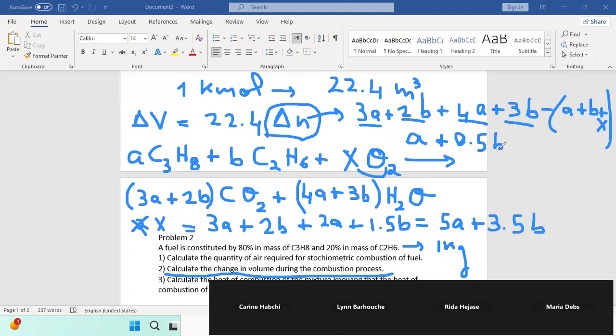We can deduce then that since the number of kilomole of product is larger than the number of kilomole of reactives, the volume during the combustion process will increase. And to calculate delta V, we just have to multiply this by 22.4.